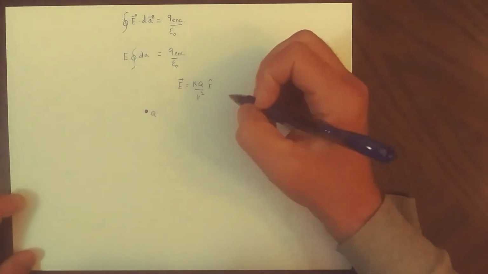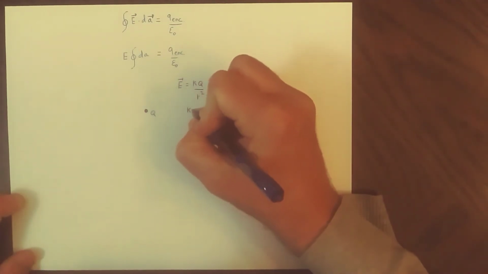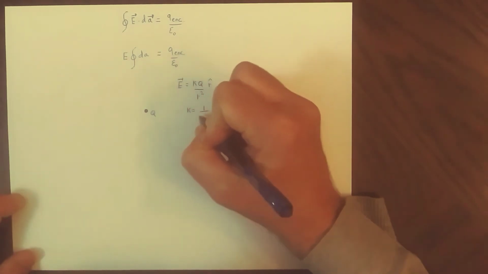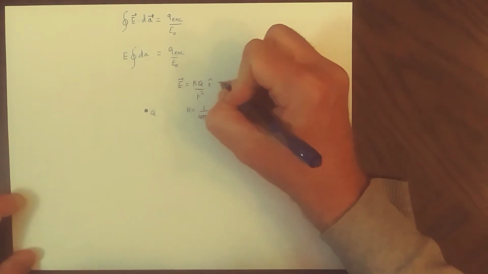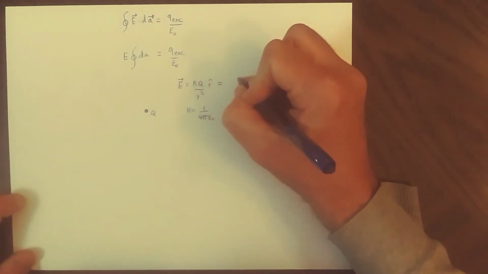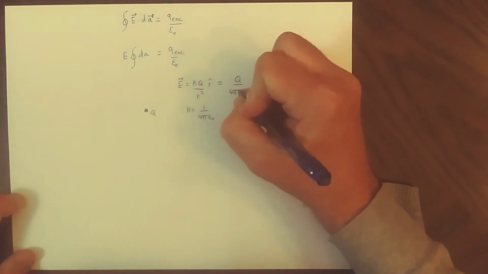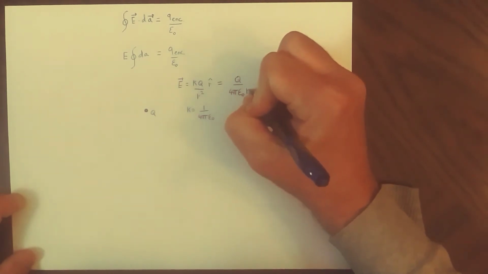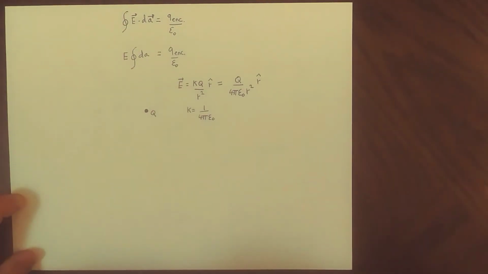Okay, let's use the K constant as 1 over 4 pi epsilon naught, and turn this electric field into Q over 4 pi epsilon naught r squared times r hat, the radial unit vector.